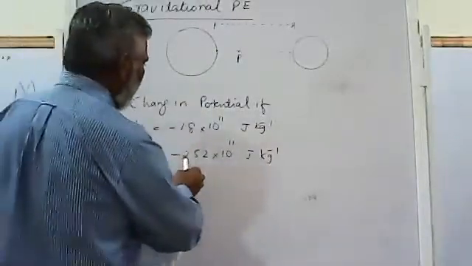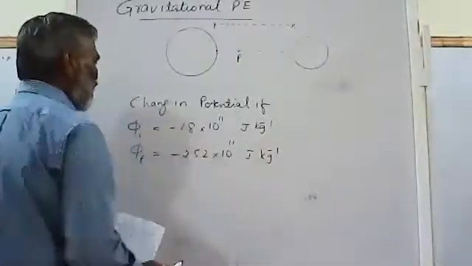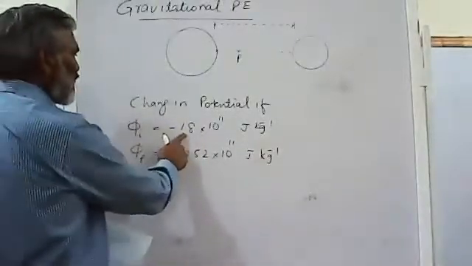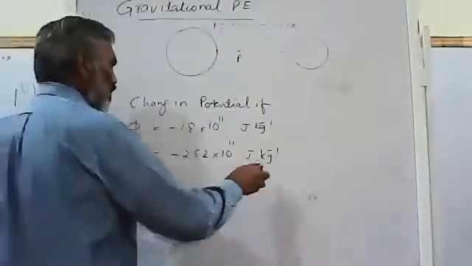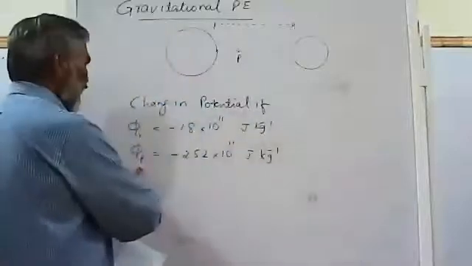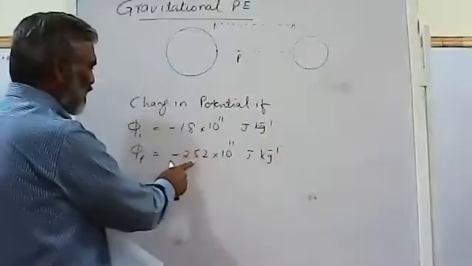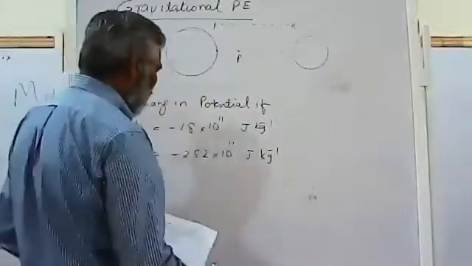Which one is the larger value? This is the larger value of the gravitational potential because this is a less negative number. So this phi 1 is a greater value than this one. That means you are close to the top of the curve and this is at the lower position of the curve.